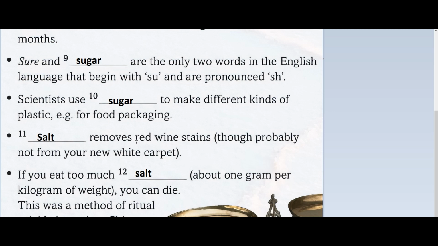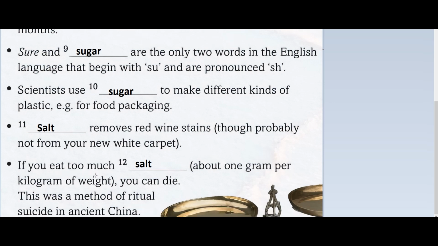Соль удаляет красные винные пятна, хотя, если недословно перевести, имеется в виду, что, возможно, это не сработает на вашем новом белом ковре. То есть соль, может быть, и уберет пятна, но если там белоснежный ковер и на него красное пятно, то соль навряд ли справится, тут что-то можно помощнее использовать.